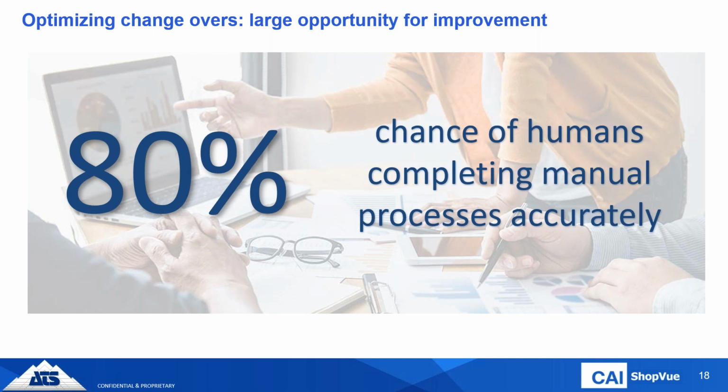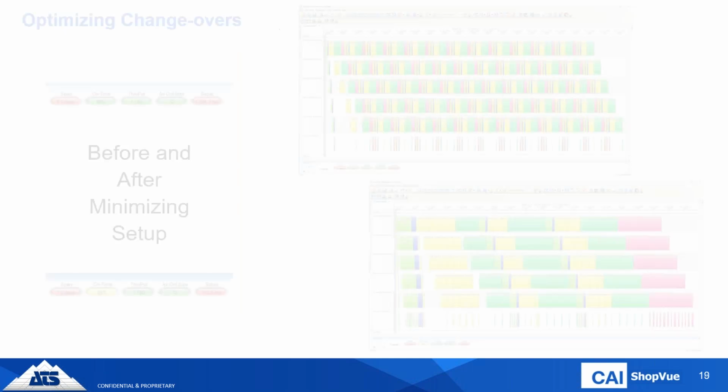I think it's fair. There've been lots of studies where that number's pretty accurate. So that's why anything you do from a continuous improvement initiative, whether it's APS, MES, or other tools, you're really looking to chip away at that 20% of activities that are most likely to be executed incorrectly.